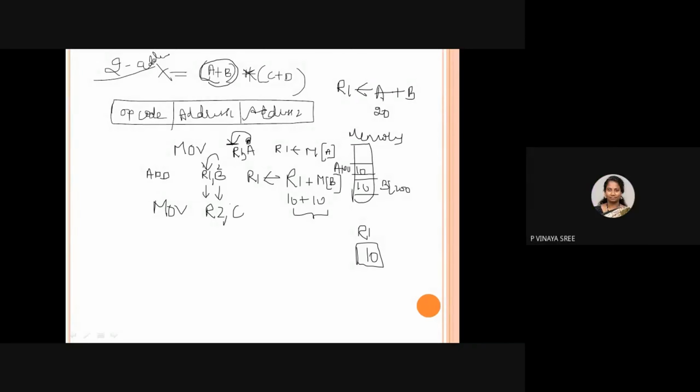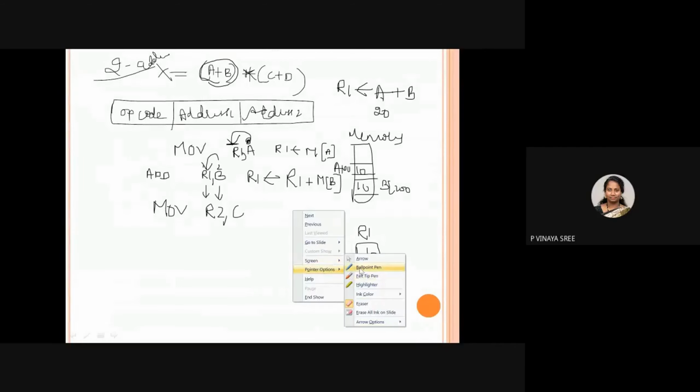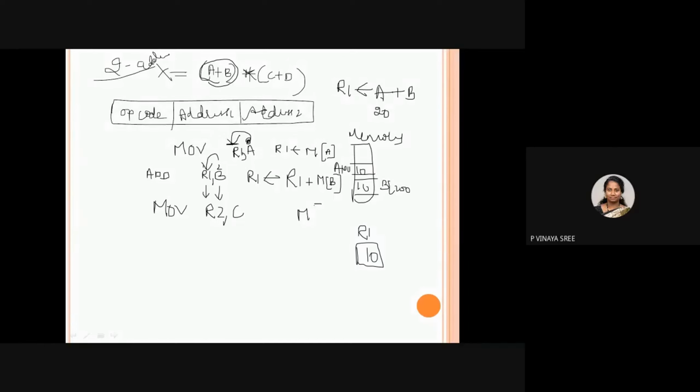So the contents of C: we go to memory location C, and those contents we place in R2. Why?